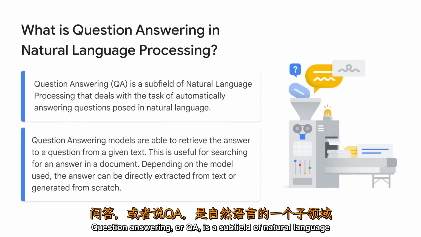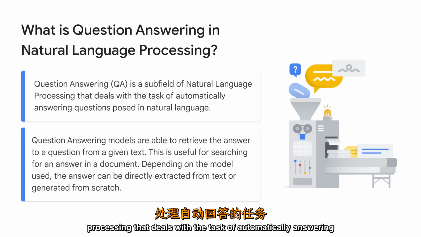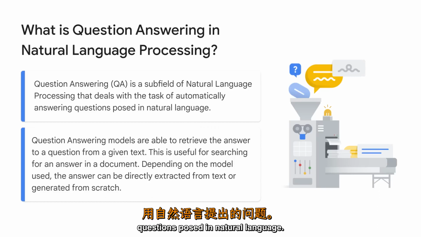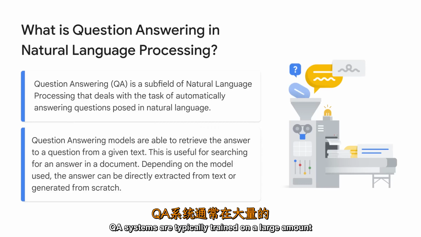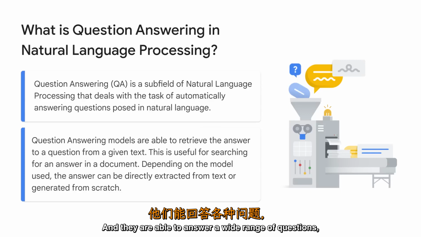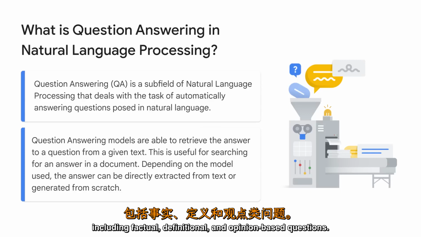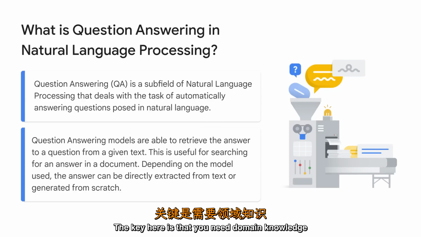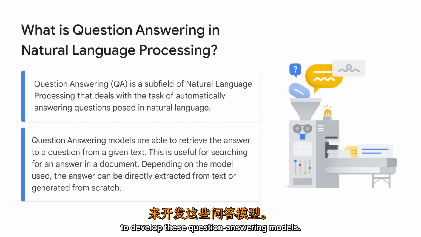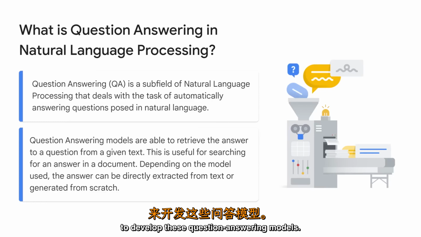Question answering, or QA, is a subfield of natural language processing that deals with the task of automatically answering questions posed in natural language. QA systems are typically trained on a large amount of text and code, and they are able to answer a wide range of questions, including factual, definitional, and opinion-based questions. The key here is that you need domain knowledge to develop these question-answering models.